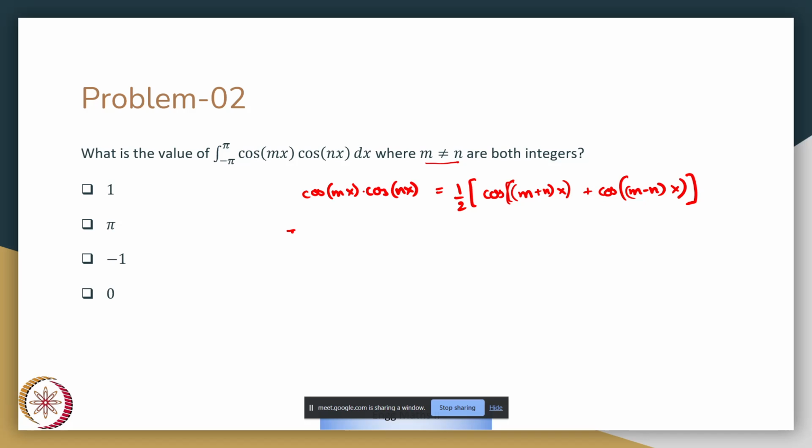With this in mind, our integration essentially becomes the integral from minus pi to pi of half of cos of (m plus n) x plus cos of (m minus n) x dx.